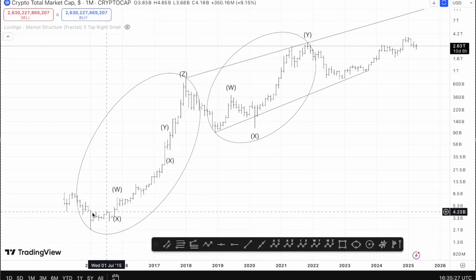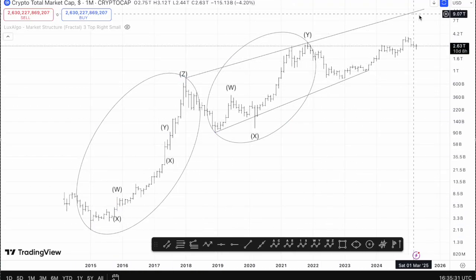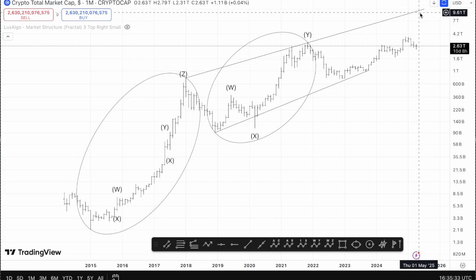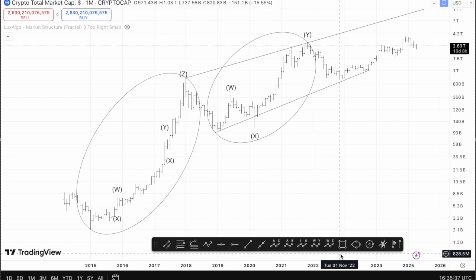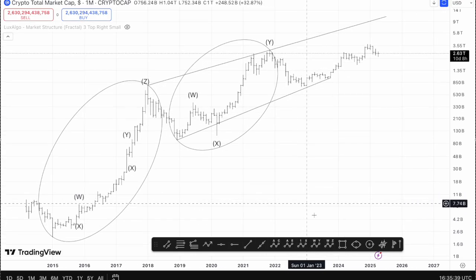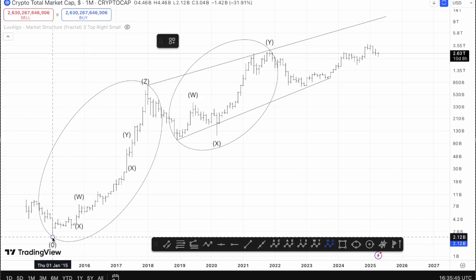If we consider this as 1, 2, 3, 4, 5, we could still be in a bull market. And if we call this, as I would like to do, a WXYXZ, again, we would be in a bull market.